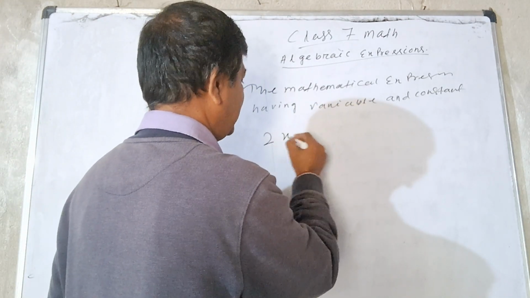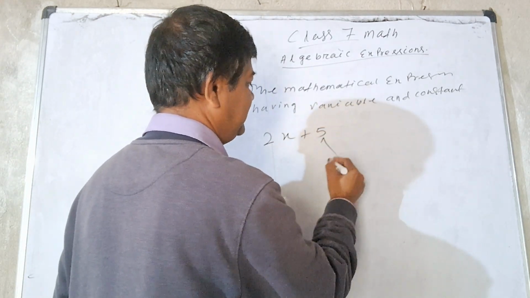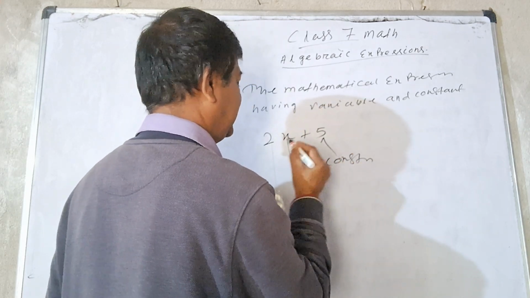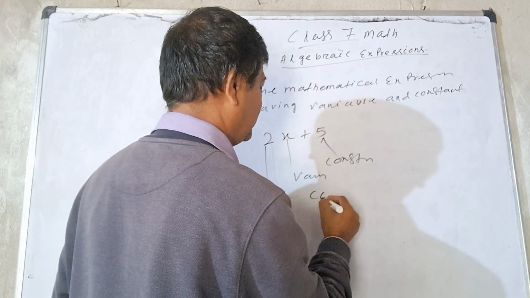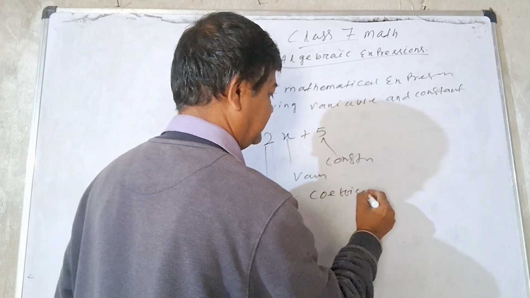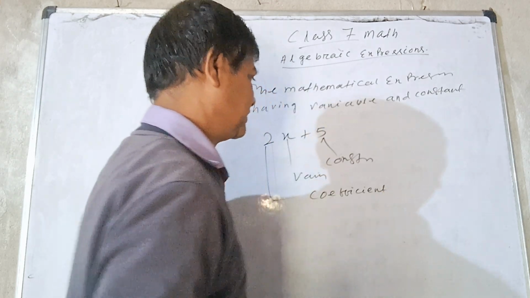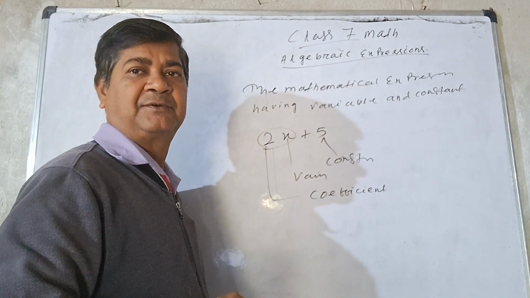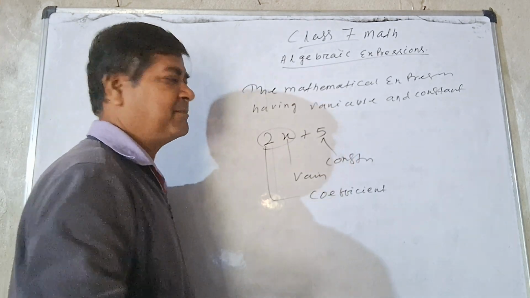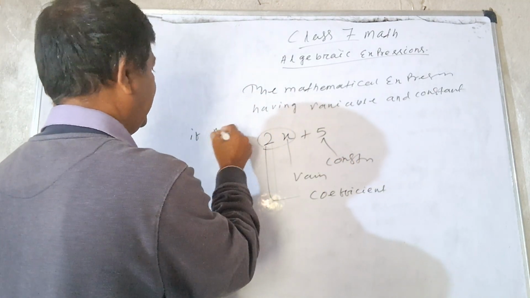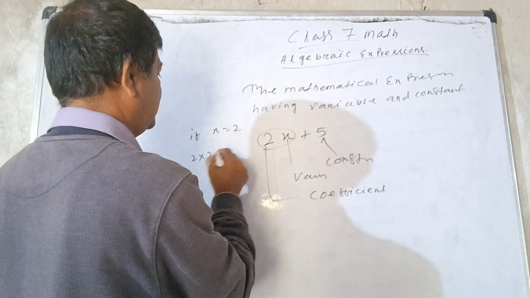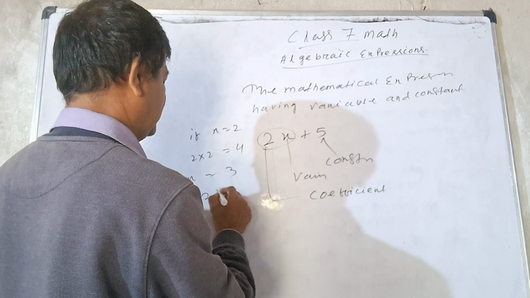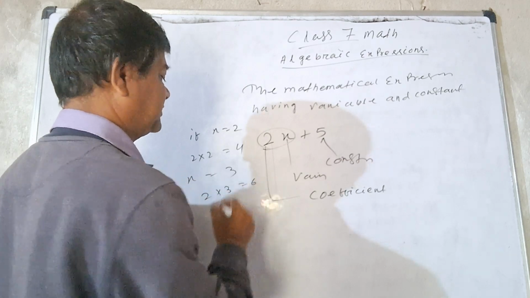Now 2x plus 5. Here 5 is your constant, x is your variable and 2 is your coefficient. The value of 2x depends upon the value of x. If x equals 2, 2x equals 2 into 2 equals 4. If x equals 3, 2x equals 2 into 3 equals 6.